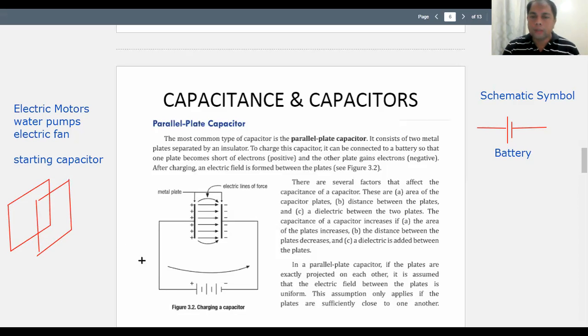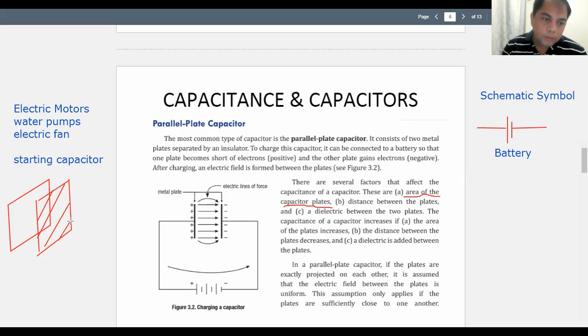Now, one factor that can cause the increase or decrease of the capacitance is the area. So the first one that we will note down is letter A, the area of the capacitor plates. So how wide these plates are affects the degree of the capacitance.